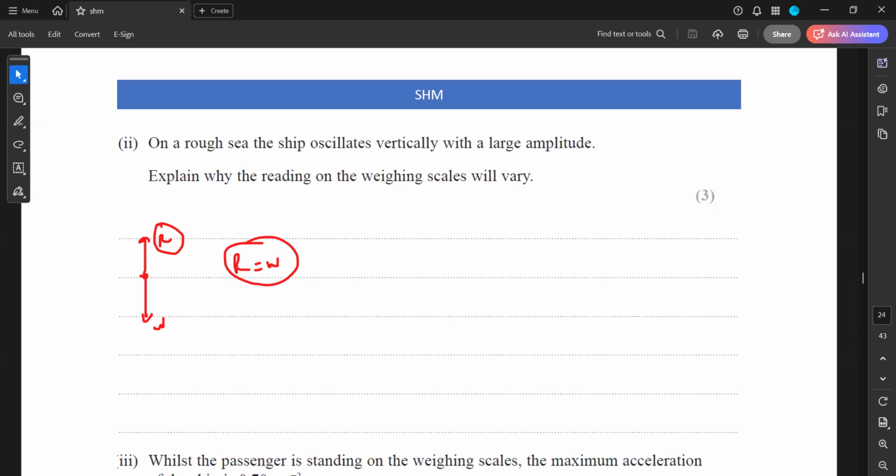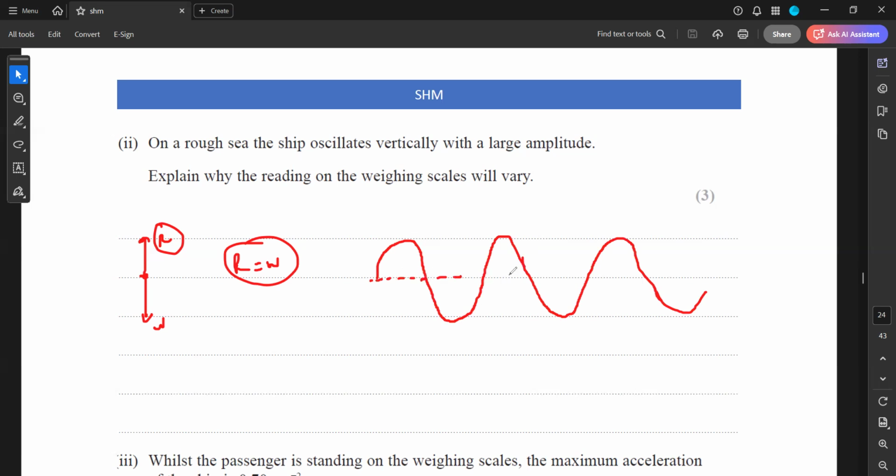So for example, when the passenger is above the equilibrium position, this is the equilibrium position. This is showing a variation. What about the equilibrium position?